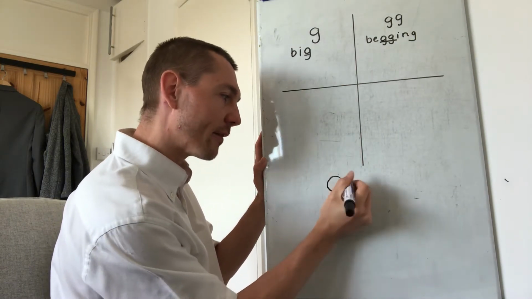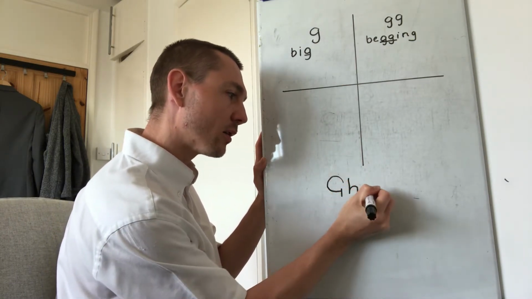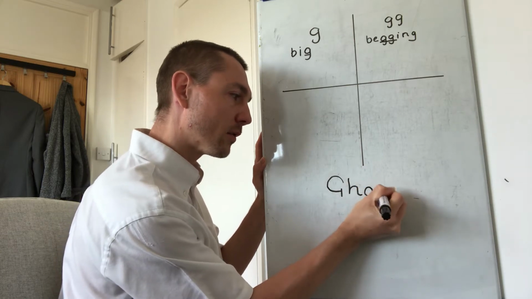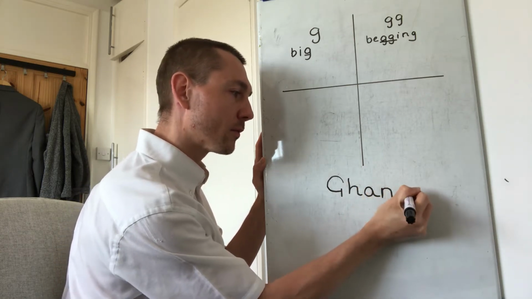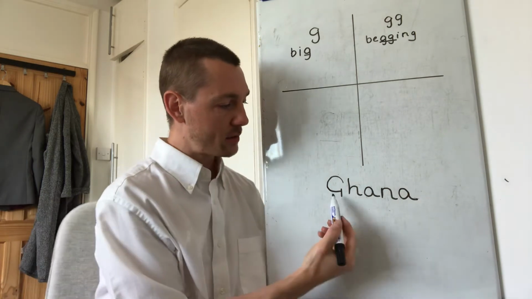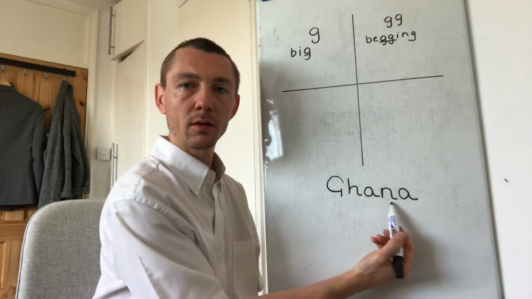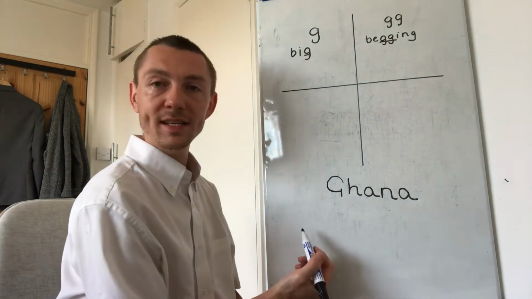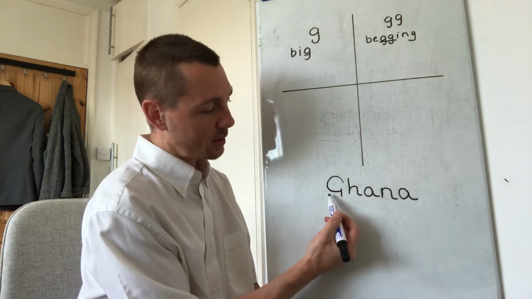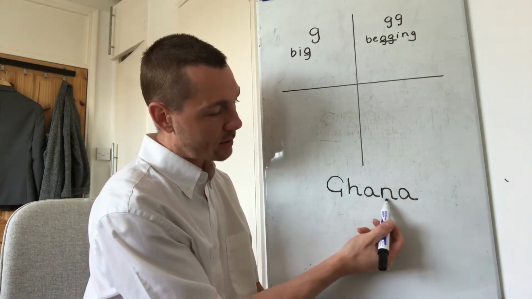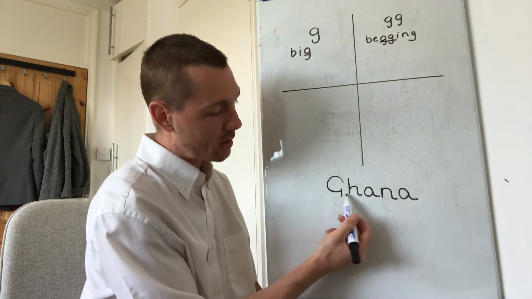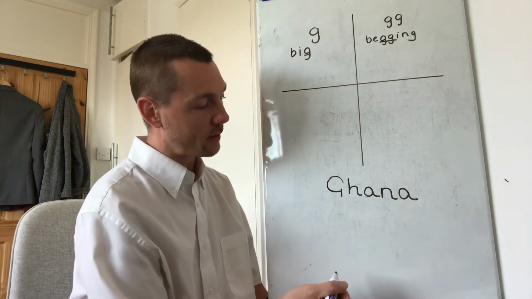Country in Africa. Okay, the word is Ghana. G, A, N, A. Ghana.